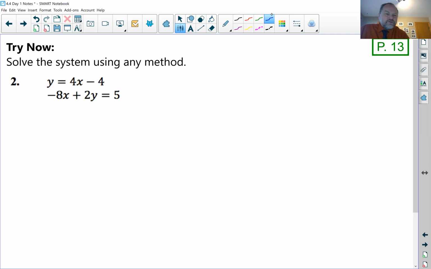In this case, it looks like substitution. I have one of my equations solved for y. So I'm going to take the 4x minus 4 and plug it in for y in the second equation.